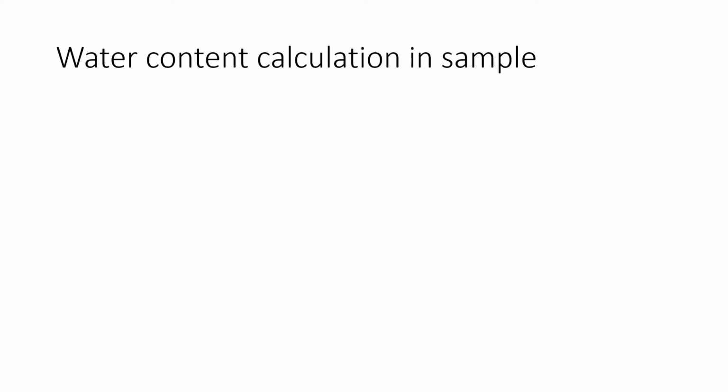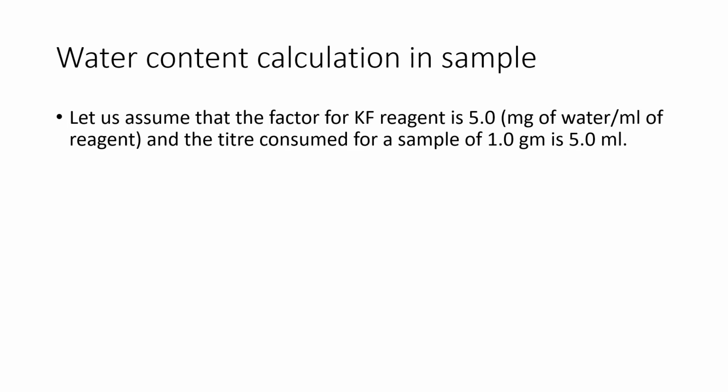Let us see how the water content calculation in a sample is done. Let us assume that the factor for Karl Fischer reagent is 5 mg of water per ml of the reagent, and the titer consumed for a sample of 1 gram is 5 ml. Let us see how easy it is to calculate the water content if you know the basic principle of calculation.